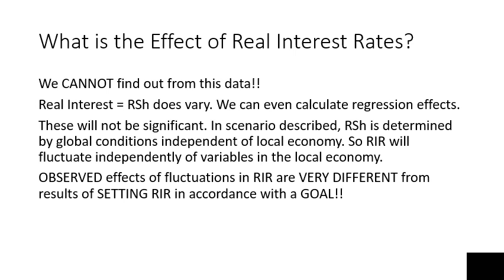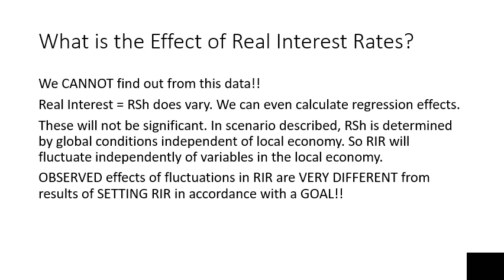So if you do a data analysis, you will find that the real interest rate has no impact on domestic economic variables. And this is an important insight: observing the fluctuations of one variable together with the other variables has nothing to do with what happens when you set that variable according to a goal. These two are entirely different things.